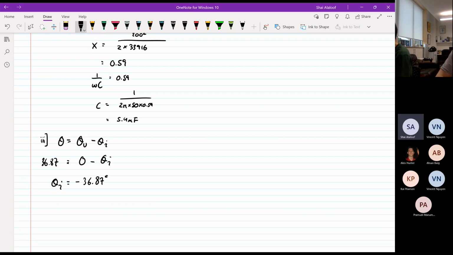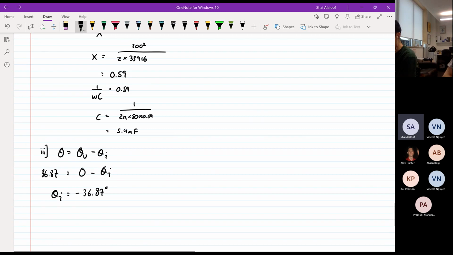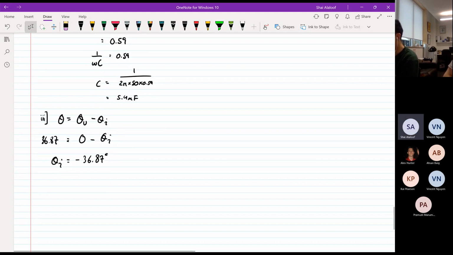Then we can use the fact that the capacitor current will be 90 degrees out of phase with the source current, which I believe is ELEC Quad 1 knowledge. So the difference is minus 36.87 minus 90 degrees, which is about 126.87.